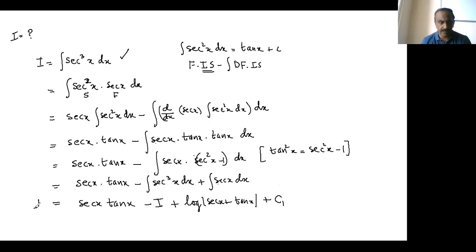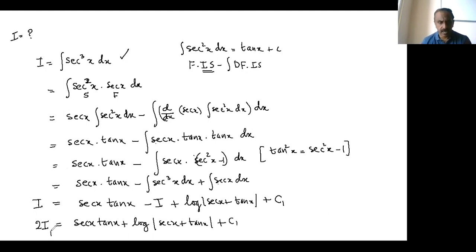So my left hand side is I. There's also an I here. So bring them to one side. 2I is equal to sec x into tan x plus log of modulus sec x plus tan x plus C1.